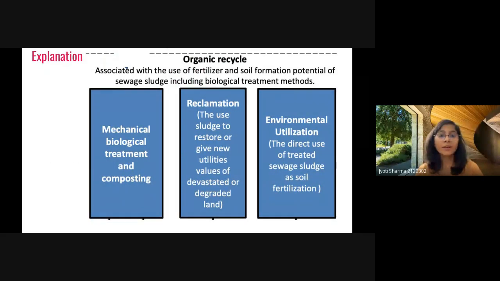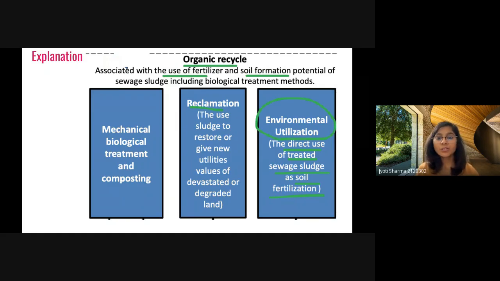So just see here, we have organic matter in the sludge, and we can use that organic matter as a fertilizer or for soil formation. Direct use of the treated sewage sludge as a soil fertilizer comes under environmental utilization.